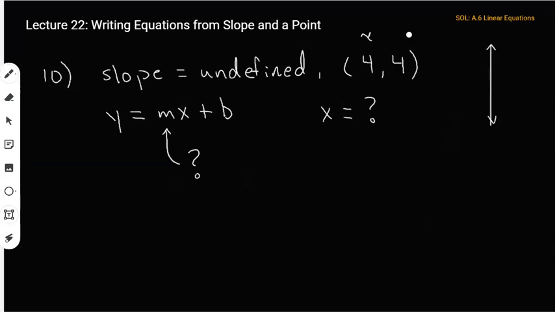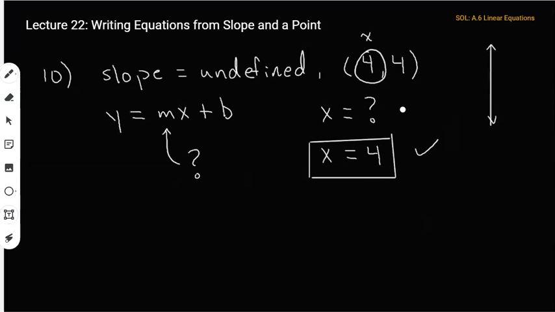Now, since my x value is 4, I'm going to write x equals 4. And that's going to be my answer. So any vertical line is going to have the equation x equals something, and then I just type in my x coordinate.